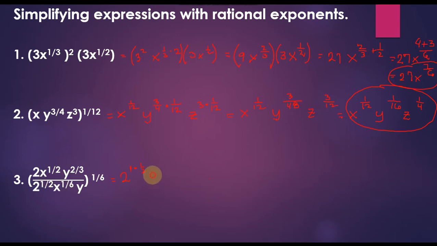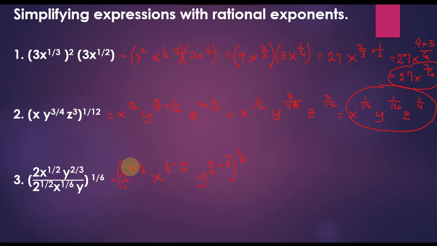Then I have here x with exponent 1/2 minus the exponent of the same base in the denominator. And then y, again, the exponent in the numerator, 2/3, minus the exponent in the denominator. Okay? We have here 1 that is invisible. Then raised to 1 over 6.